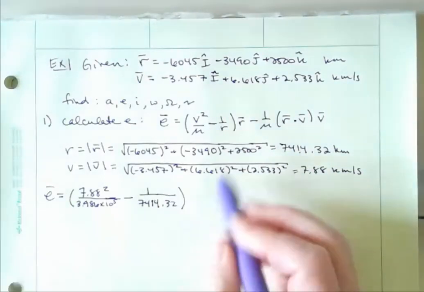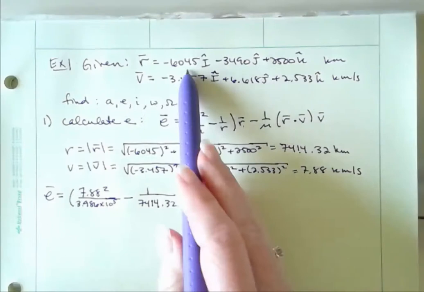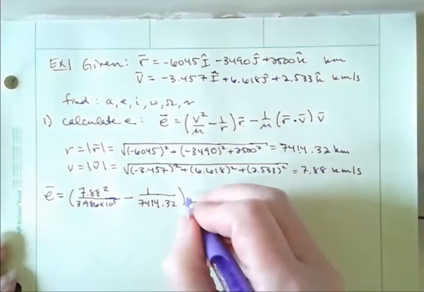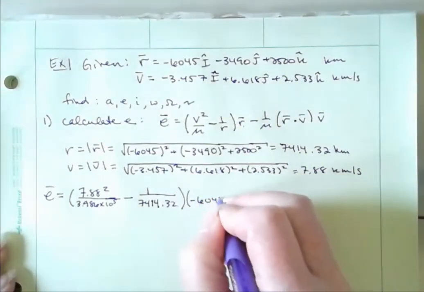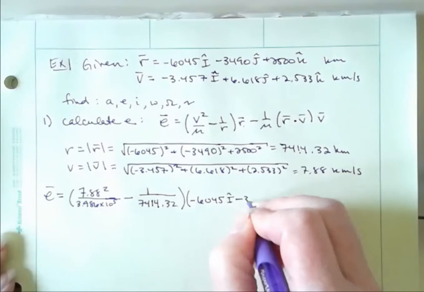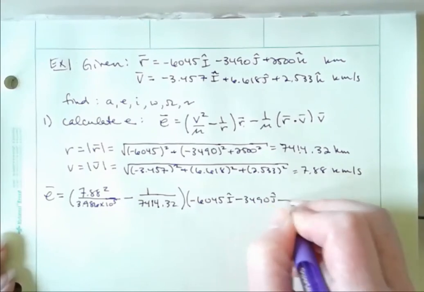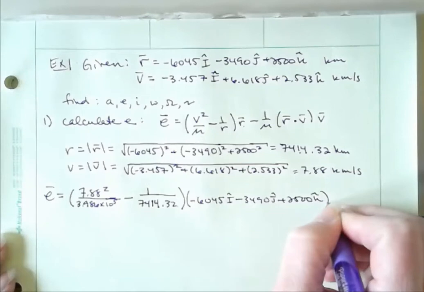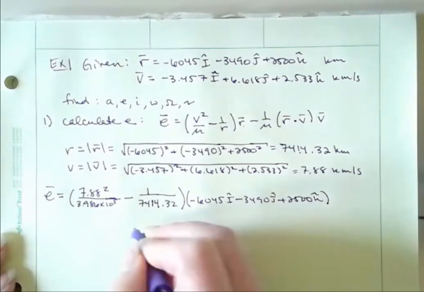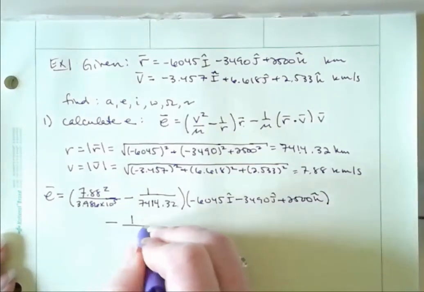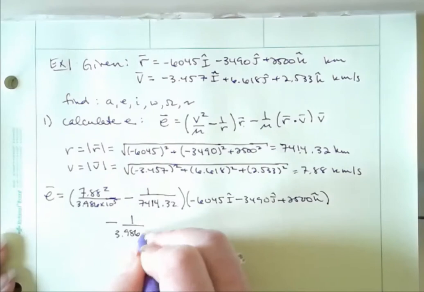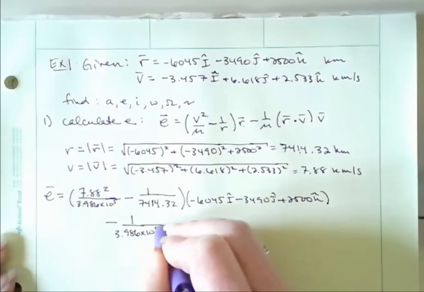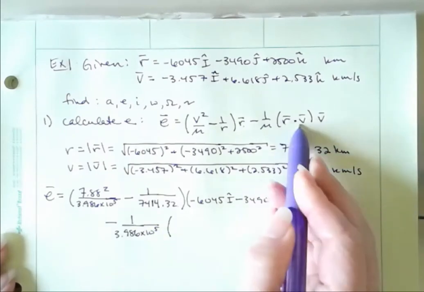Now multiply that by the position vector. I'm not going to read it all out, just write it back down. Then we need to subtract 1 over mu, and multiply that by r dotted with v.